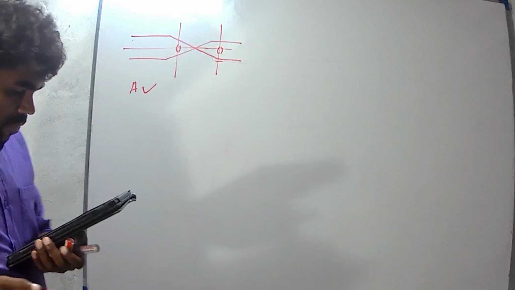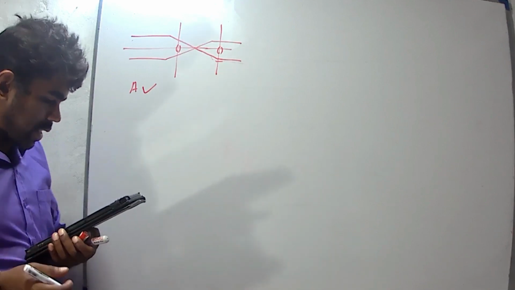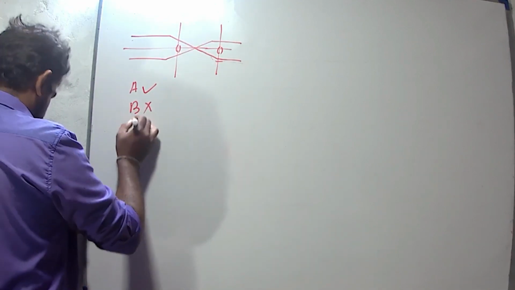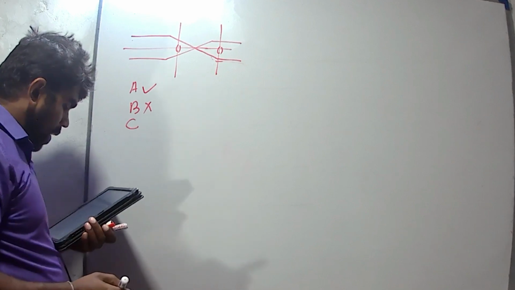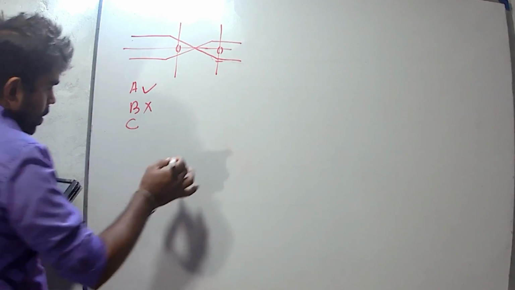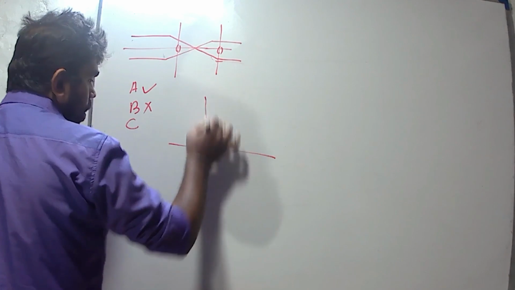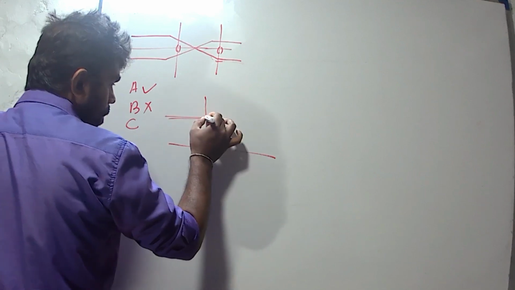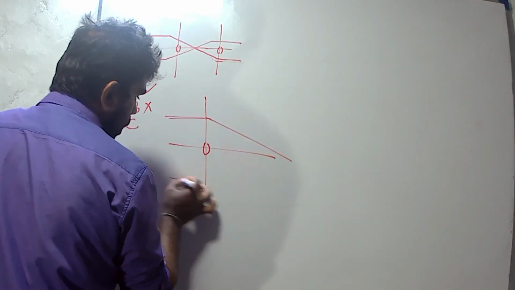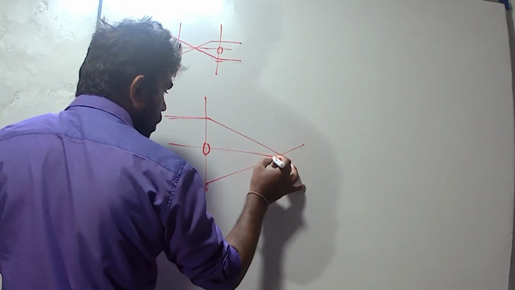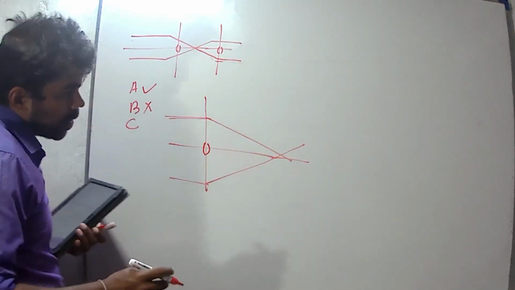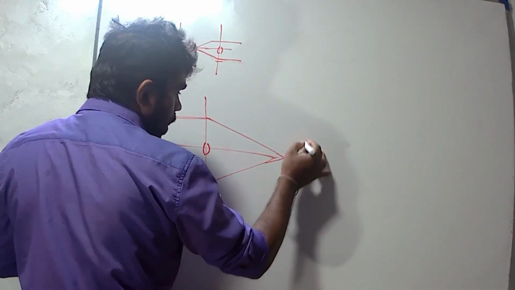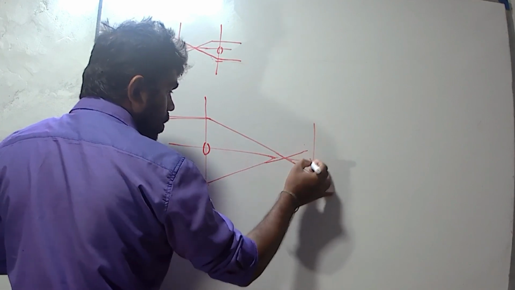B, we can't use concave lenses. B is incorrect. C, a convex lens and a concave lens. Yes, we can use it. A convex lens and a concave lens like this.